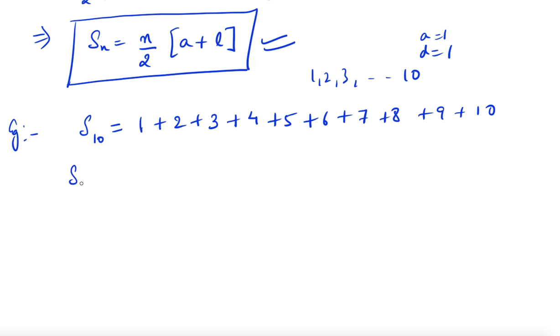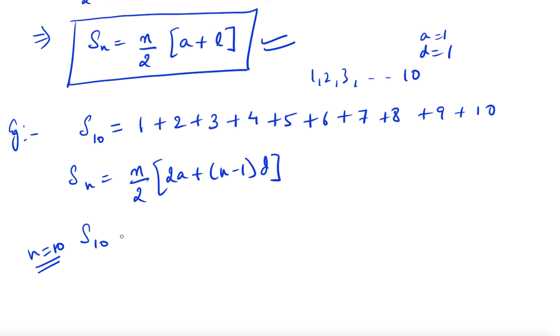Now you know that Sn is equal to n by 2 into (2a plus (n minus 1) times d). For S10, I have to substitute 10 instead of n. That is, the sum of 10 terms is equal to 10 by 2 into (2a is 2, n is 10 so n minus 1 becomes 9, and d is again 1).